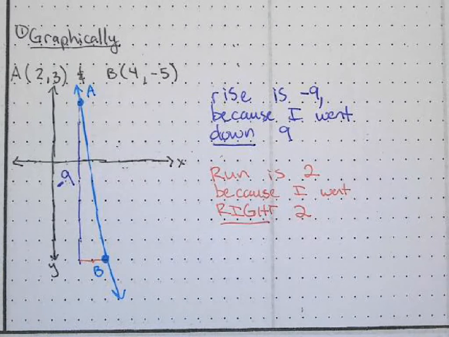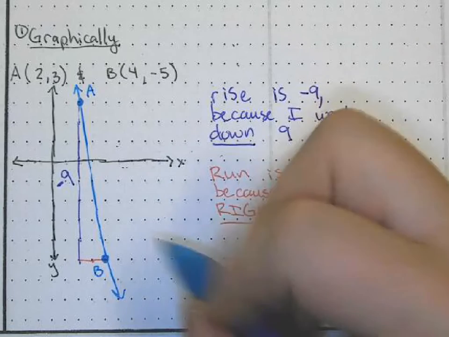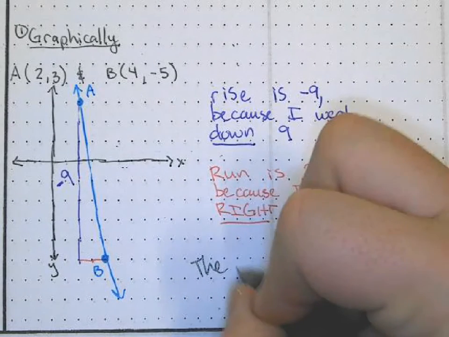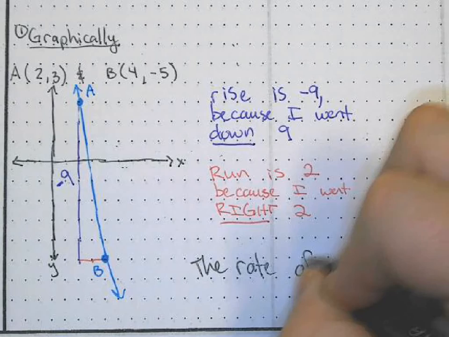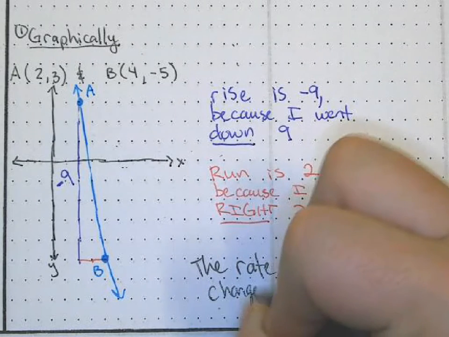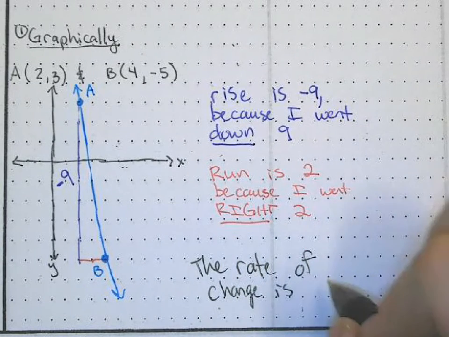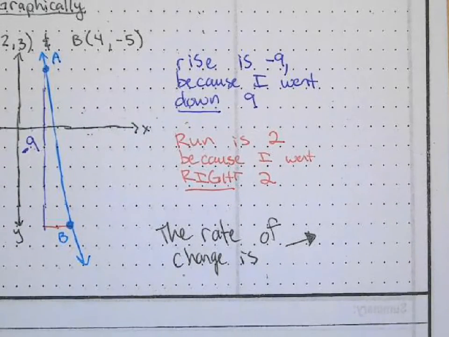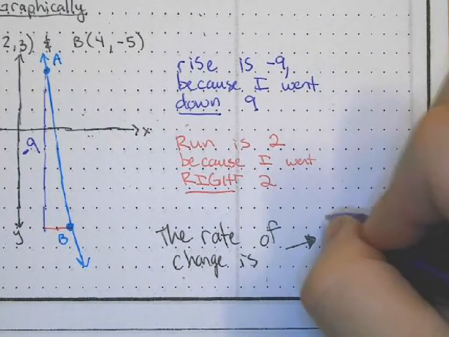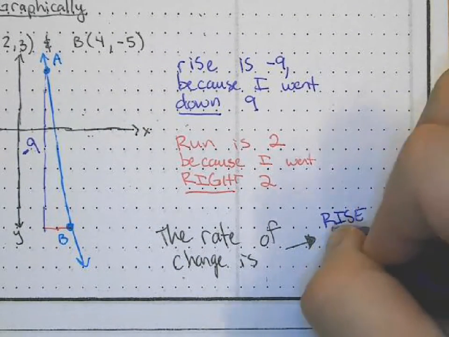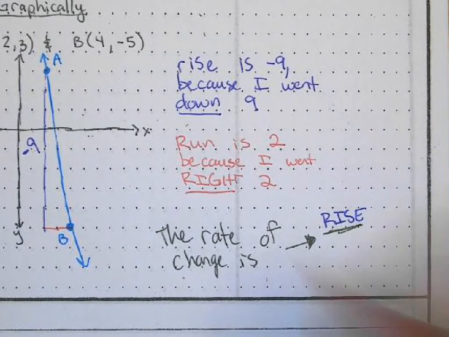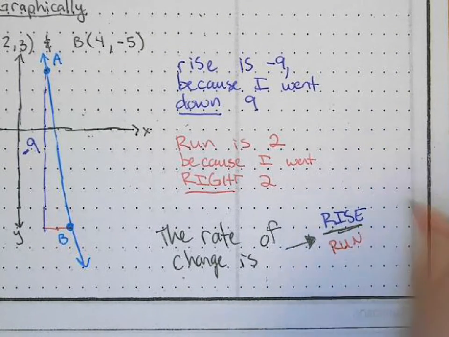So now to build my rate of change, so this is the important piece. So the rate of change is rise over run.